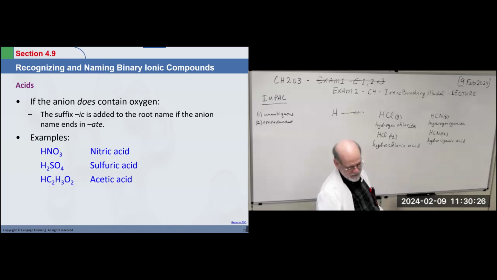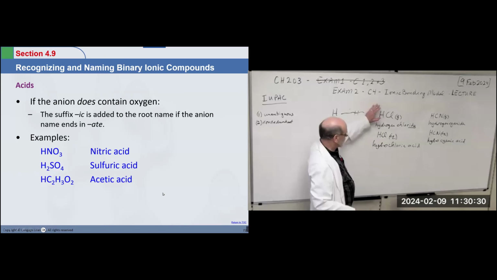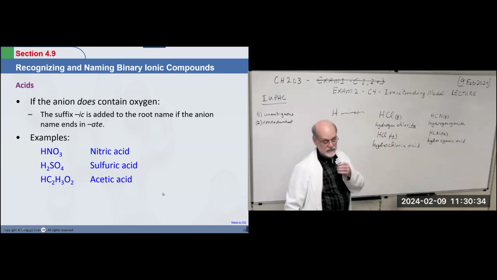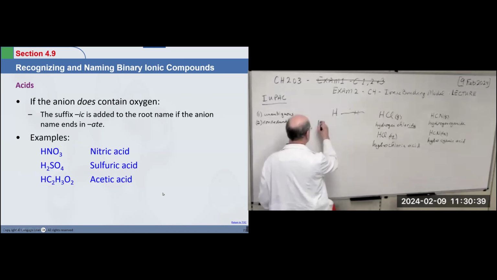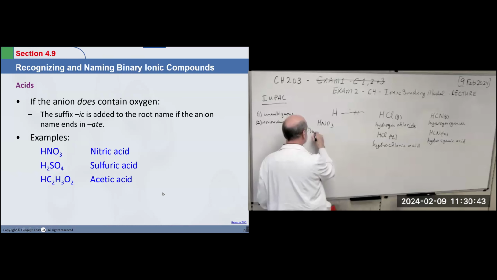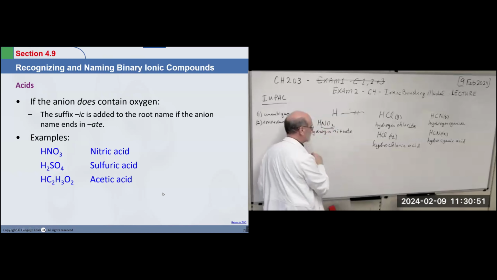Now, what if we have oxygen in it? If there's oxygen in the molecule, you drop the hydro. Never say hydro with an oxygen-containing acid. So this first one, HNO3, we would name as hydrogen nitrate, because this is the polyatomic ion nitrate.